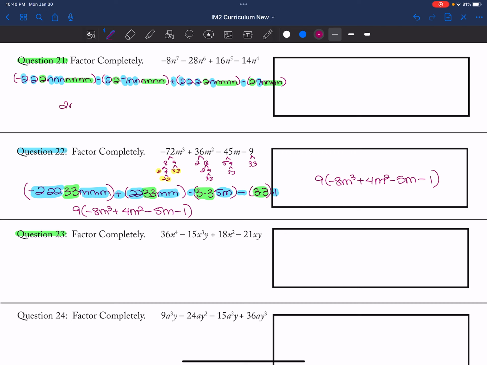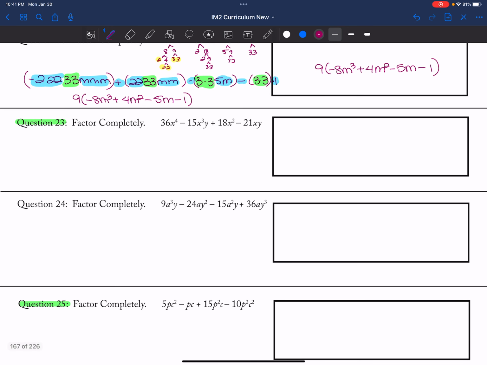I'm left with a 2n to the 4th, and negative 4n cubed minus 14n squared plus 8n and minus 7. Okay, so 2n to the 4th, and then negative 4n cubed minus 14n squared plus 8n minus 7.